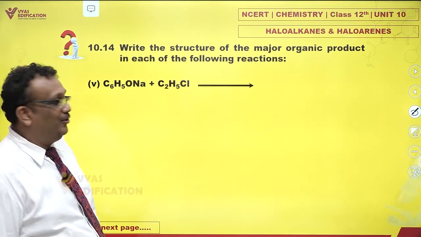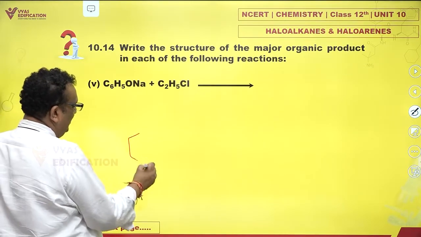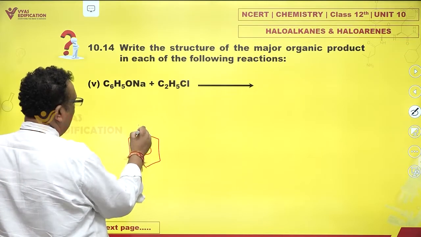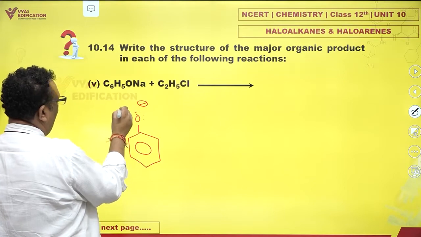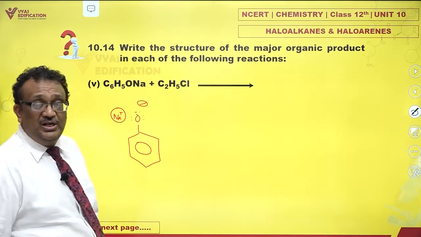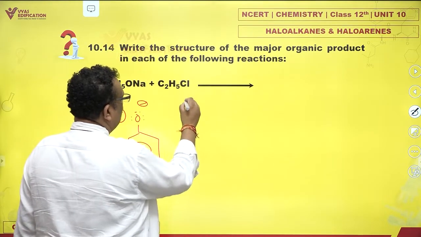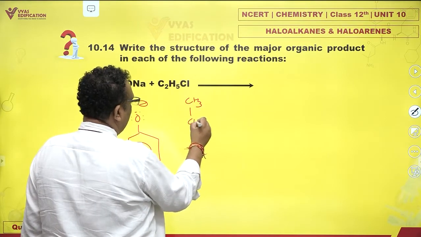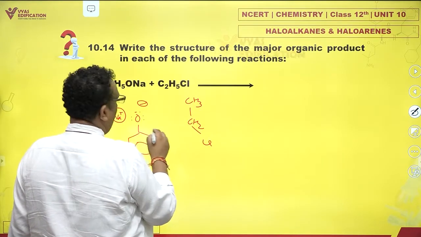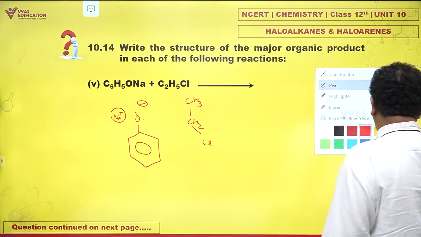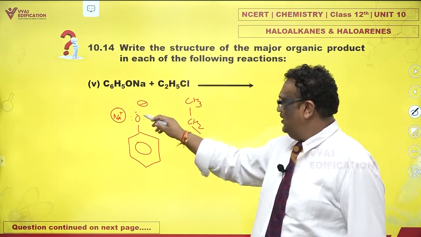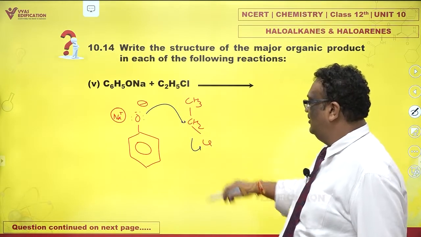C6H5ONa plus ethyl chloride. In this case, you have a strange nucleophile, the huge and bulky phenoxide ion, and you have CH3CH2Cl. How do they react? Can you draw the arrows and show me the reaction? That's not difficult. Attack, crack.